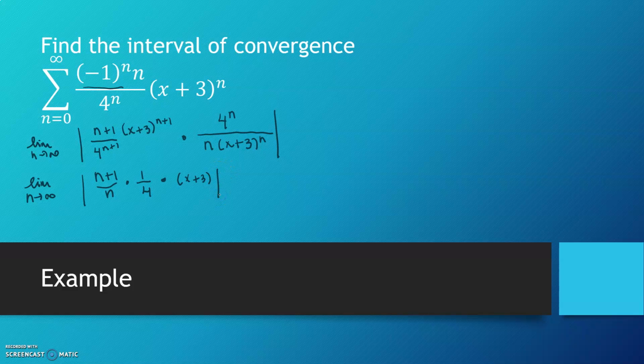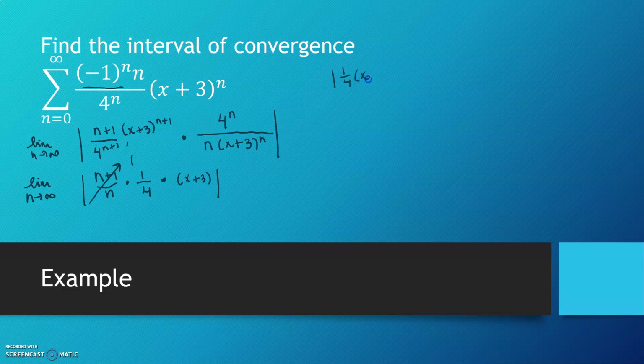Okay, so I have the limit as n goes to infinity of n plus 1 over n. I have 1/4 because I subtracted exponents to get 1/4, and then I subtracted exponents to get x plus 3. This part goes to 1 as n goes to infinity.